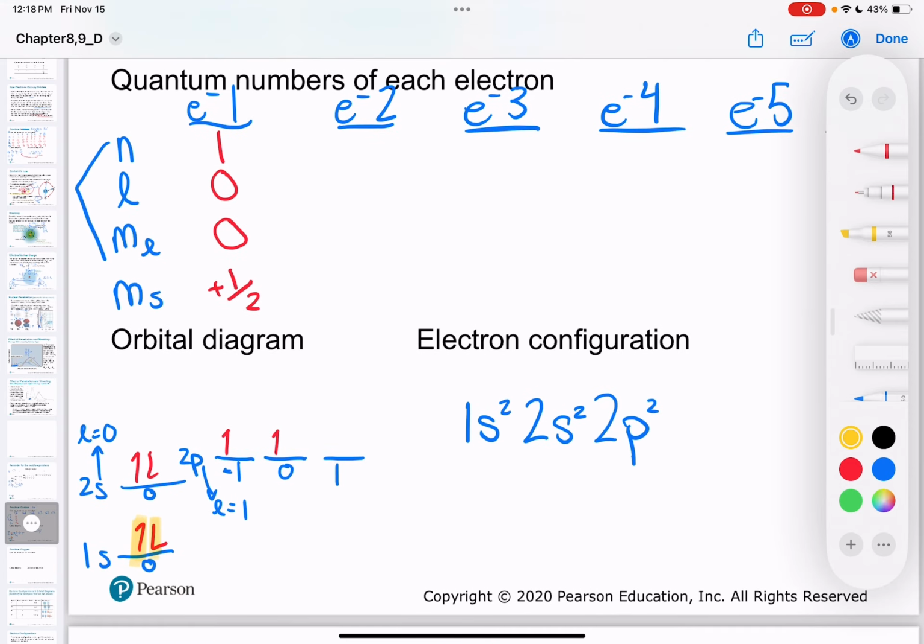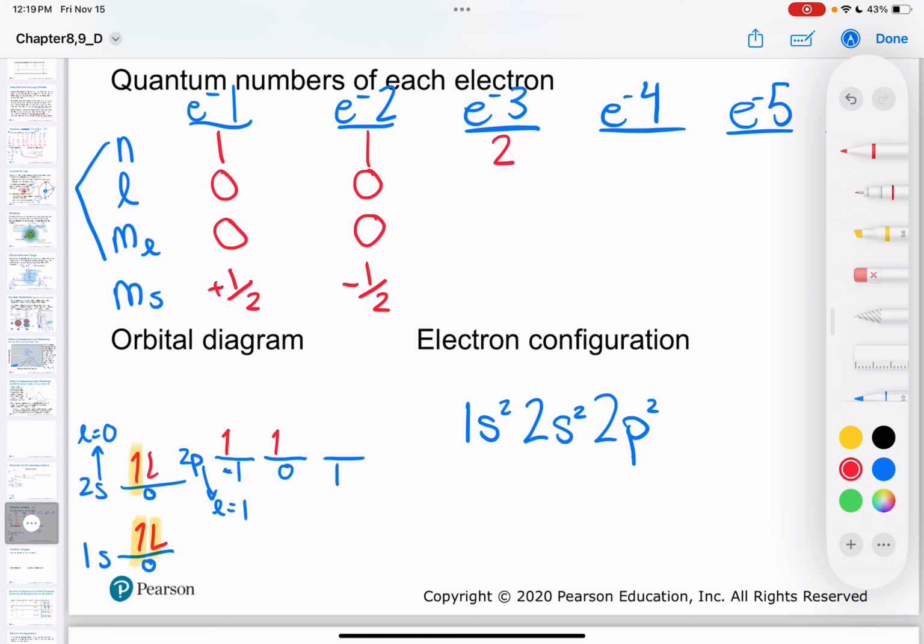Second electron there, also in that same orbital. So because it's in the same orbital, all three of those first quantum numbers are the same. The only difference is the negative spin. So -1/2 for the spin on that electron. Okay, next one in the 2s orbital.